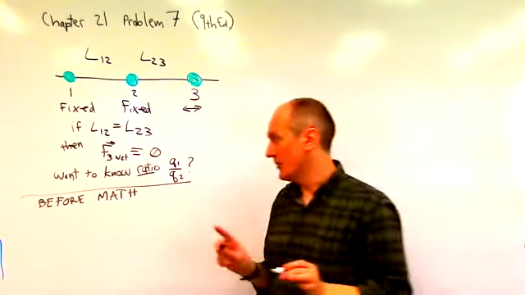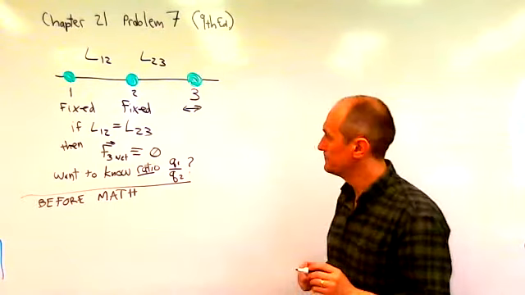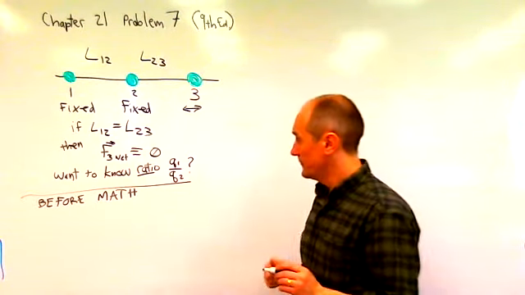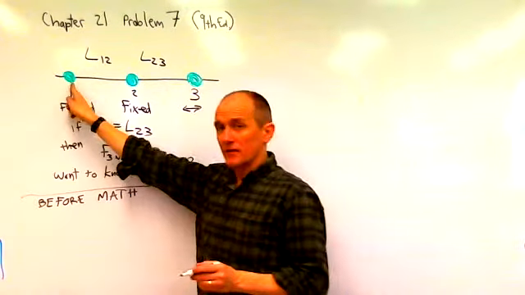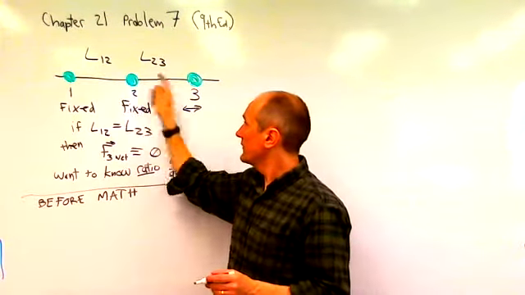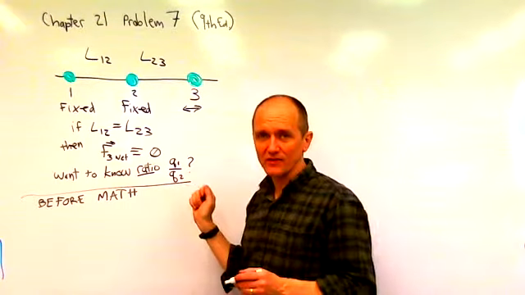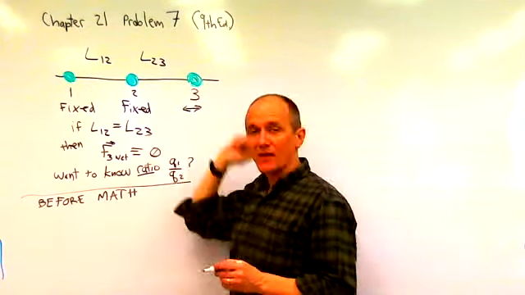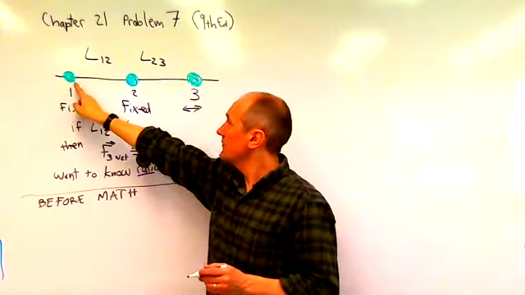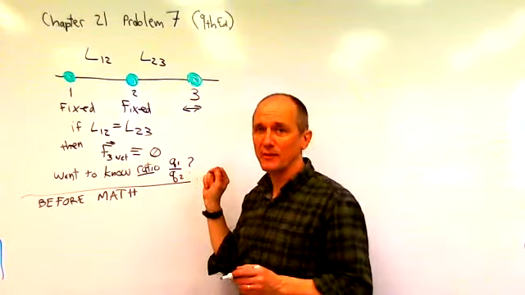Before we do any math at all, there are some things that we can determine. First of all, since the electrostatic forces from these two charges on this one have to cancel each other, and they're on the same side, it means the signs of these two charges have to be opposite.